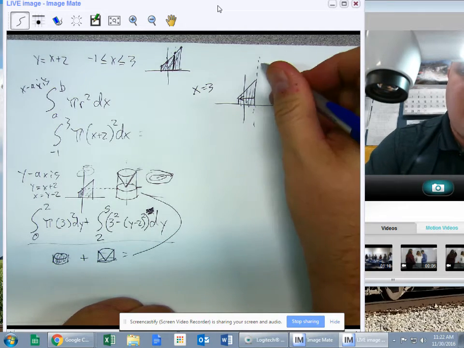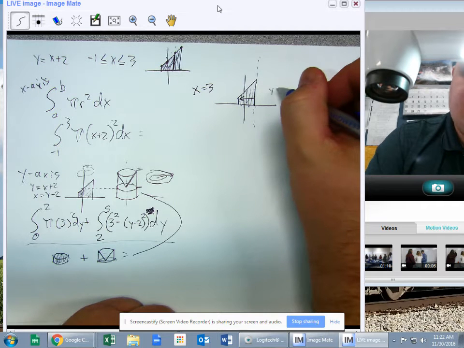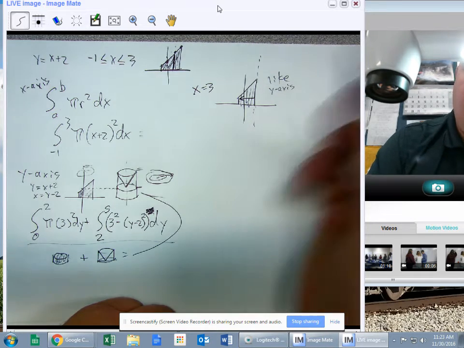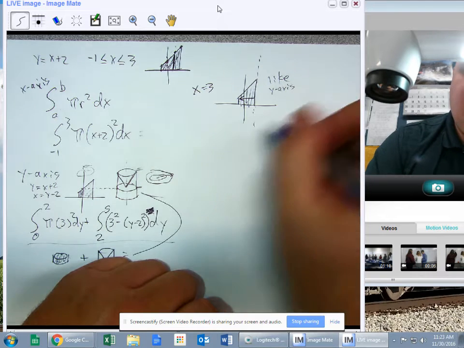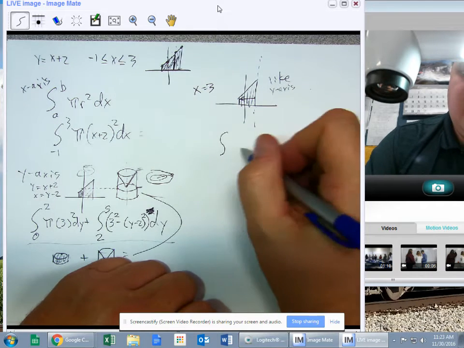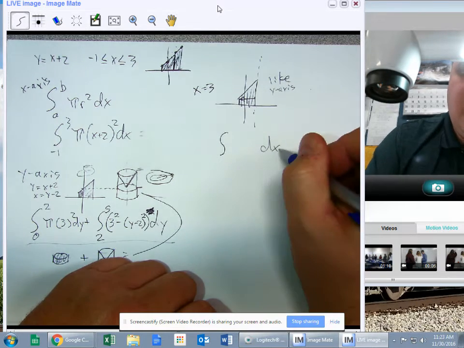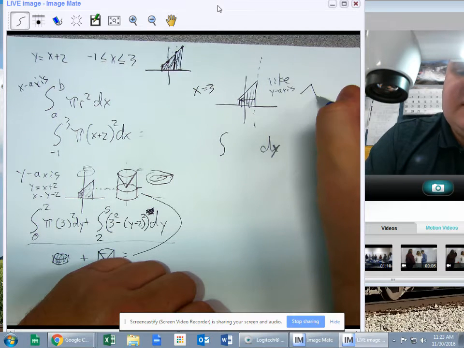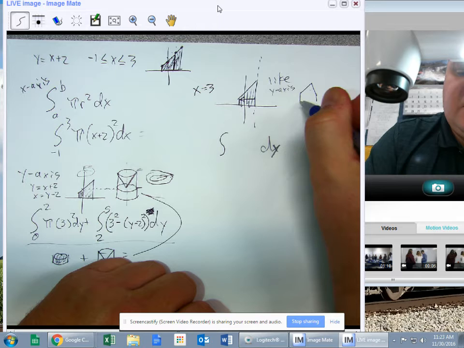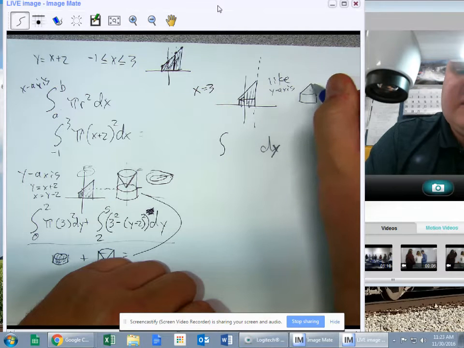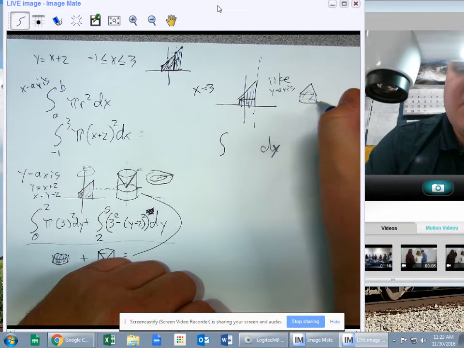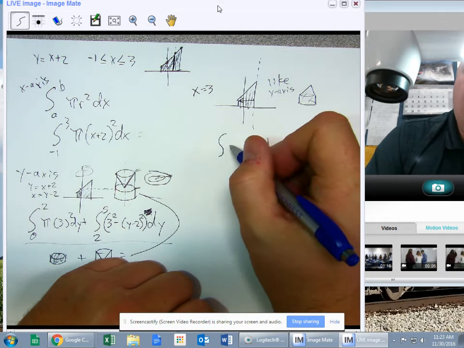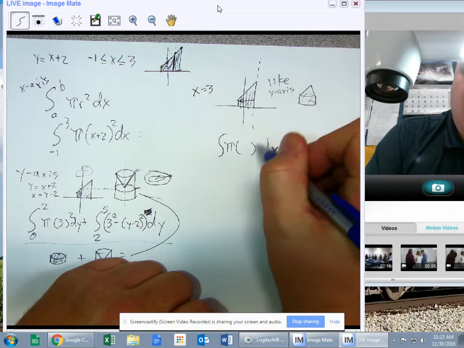Now, since it's around something that's like a y-axis, we're going to be using dy. So it's going to be integration, and it's going to be dy. Now, additionally, the shape itself is going to be solid all the way through. So it's a disk method, not a washer method. So all I need to do is pi r squared.